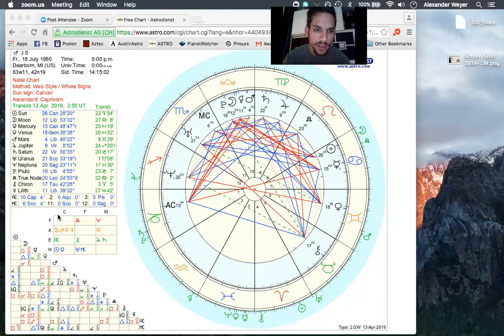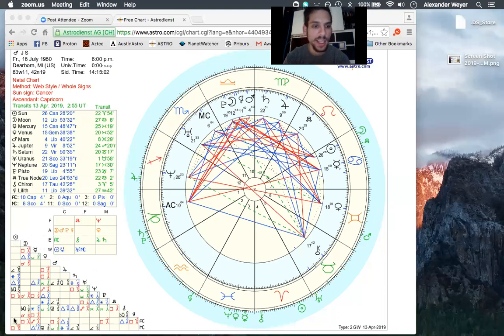This box over here is a synopsis of the elemental and the modal placements and energy of the chart, just sort of a shorthand of how many planets are in fire signs, how many planets are in air signs, earth, water, etc. How many planets are found in cardinal signs or fixed signs or mutable signs. And then which planets are found in cardinal water. Oh, here we have the sun, and cardinal water we know relates to the sign of Cancer. So here we can just see, again, another way of describing that the sun is in Cancer.